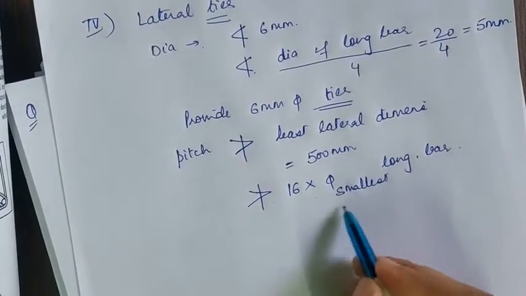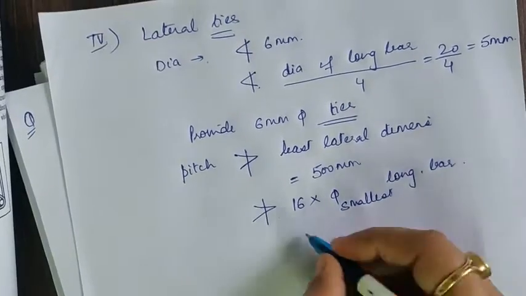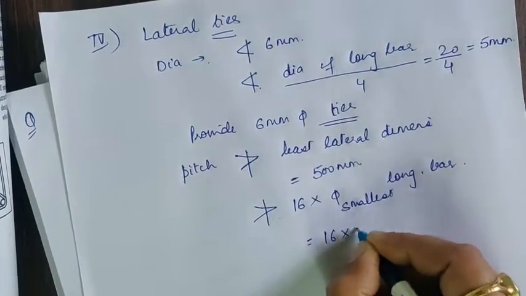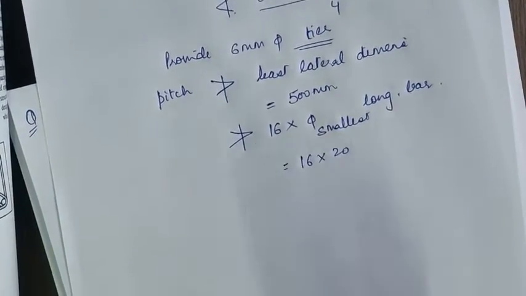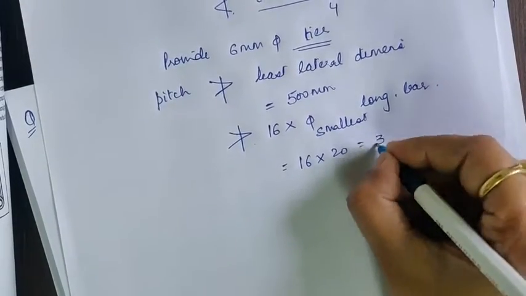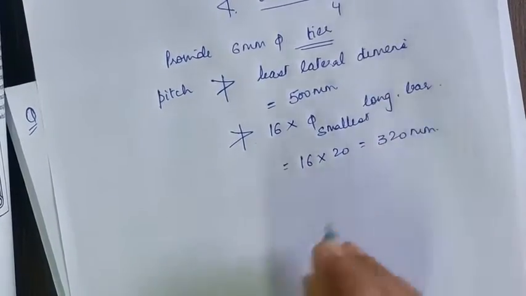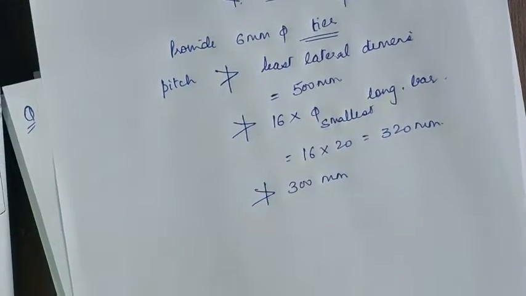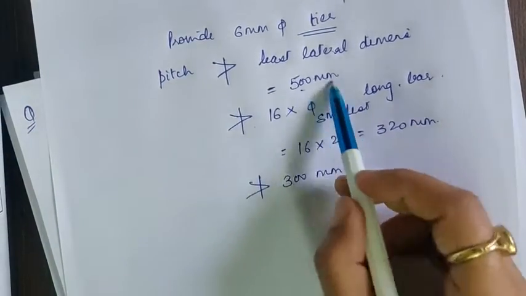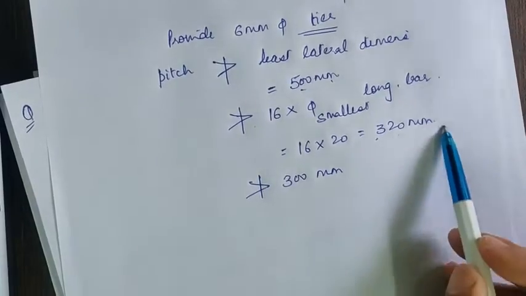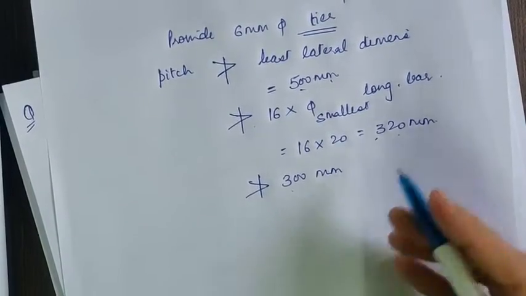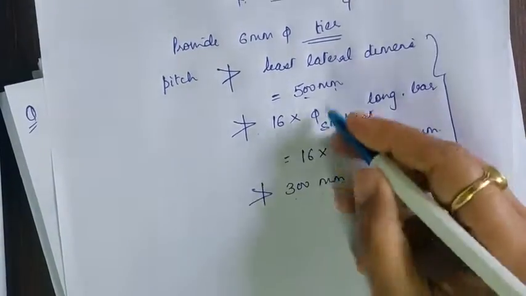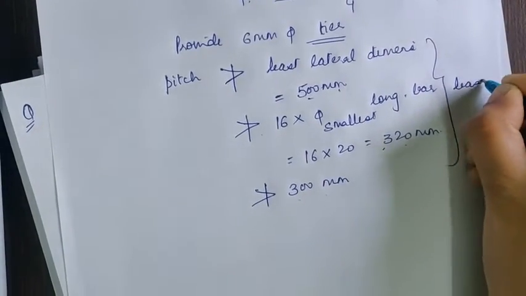Now smallest dia that we are using is 20 only, because we are using only one dia of bars. So this is 16 into 20, that means it is 320 millimeters. It should not be more than 300 millimeters. So it means it should not be more than 500, it should not be more than 320, it should not be more than 300. So the thing that will satisfy all three is least of 3.